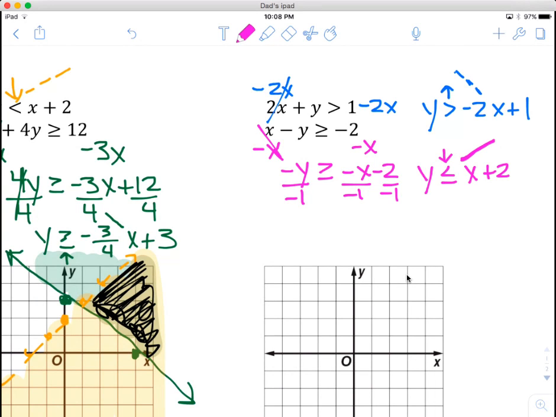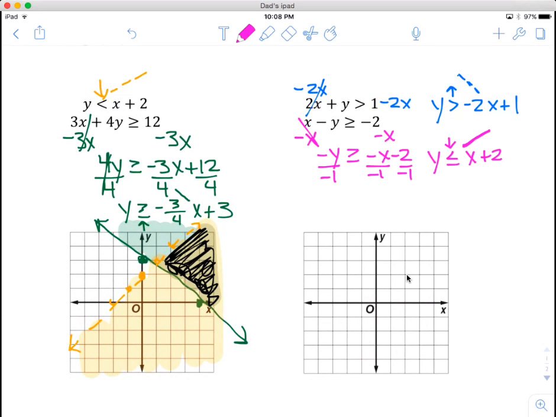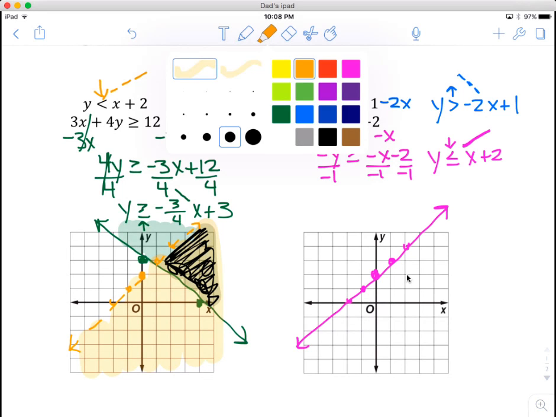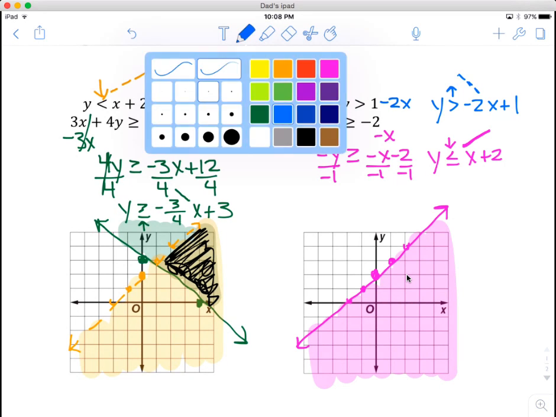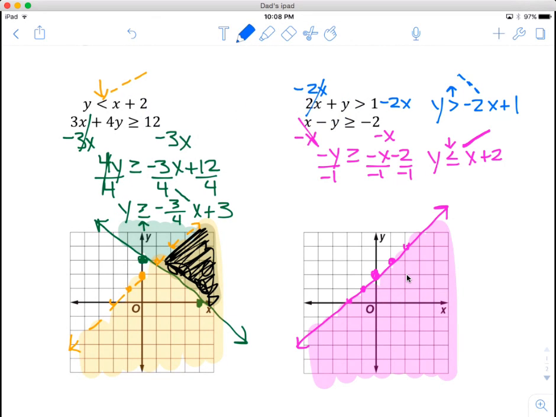So since I already have my pink pen out, let's go ahead and graph that one first. It starts at a 2. It goes up 1, over 1, or down 1, backwards 1. It is a solid line, and it's going to shade down. And then I had the blue line starting at 1.